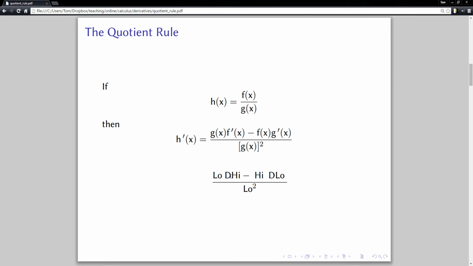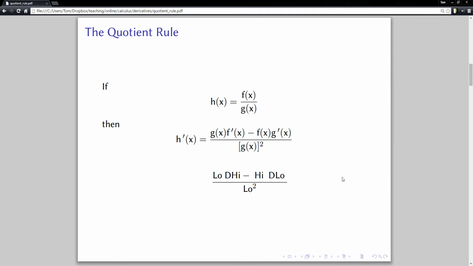And d stands for the derivative. So low is just g of x. D high, take the derivative of the top function, minus high, that's the numerator, the top function. D low, take the derivative of the bottom function, all over low squared, so the bottom one squared.